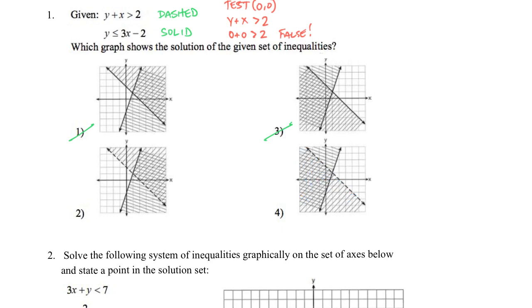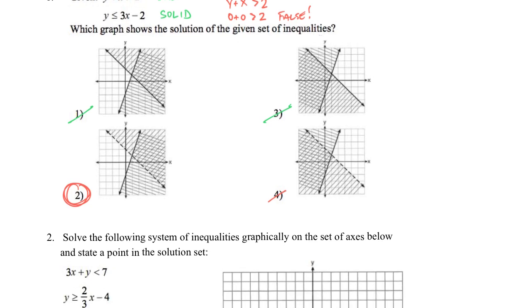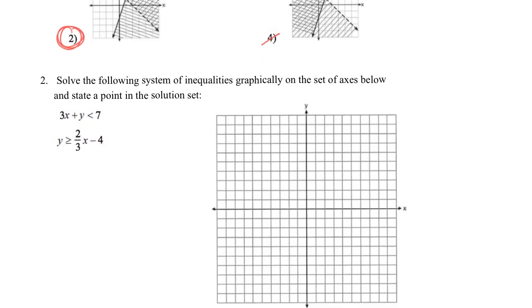It's shaded towards 0, 0. That's incorrect. And so now we've narrowed this down to choice 2. When you have multiple choice questions, you should really use your multiple choice strategies to try to get that question right.